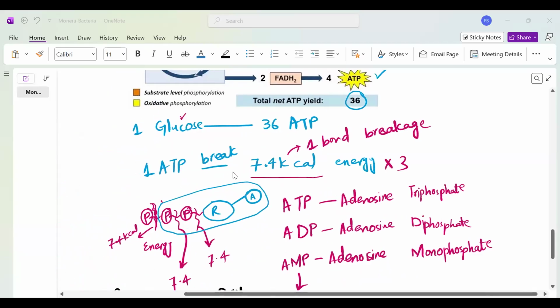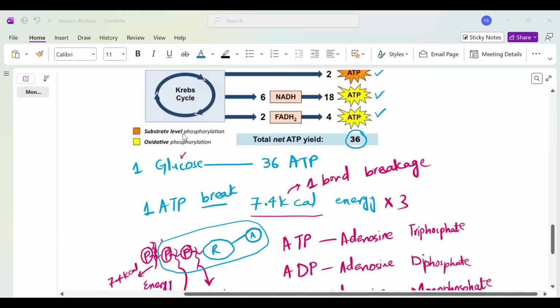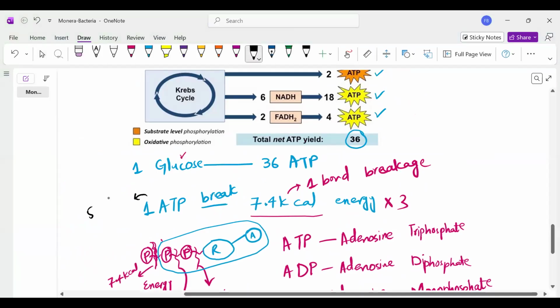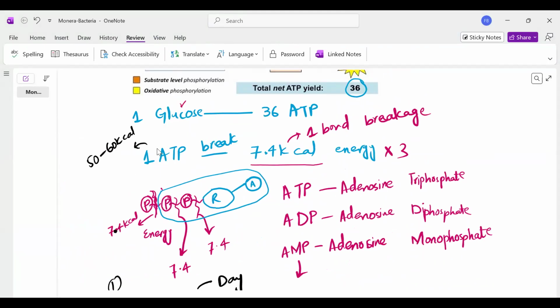That when we talk about one ATP molecule as a whole, we say that one ATP molecule gives energy of approximately 50 to 60 kilocalories, right? But when we talk about just one bond, if we break one phosphate bond from the ATP, then your cell will get 7.4 kilocalories of energy.